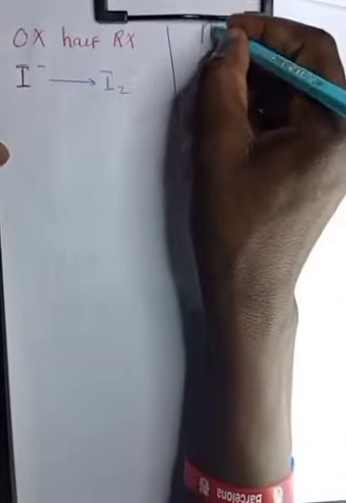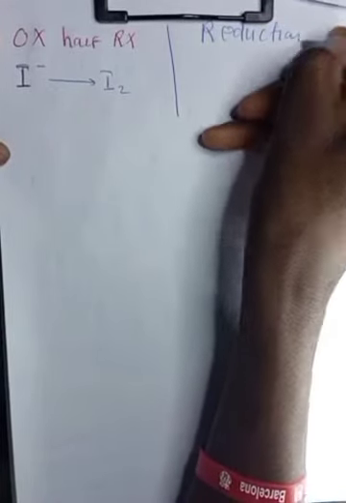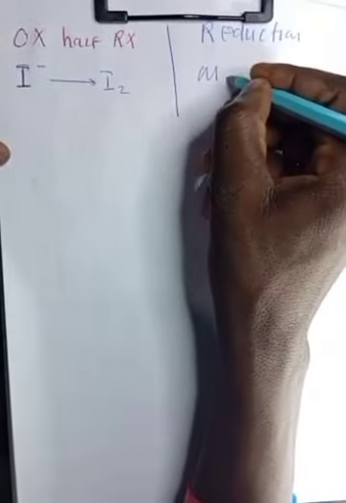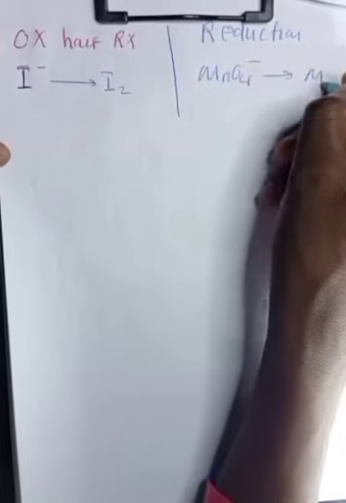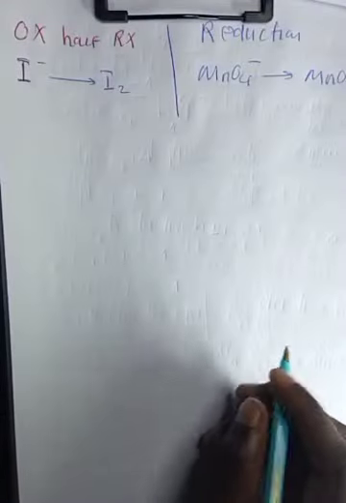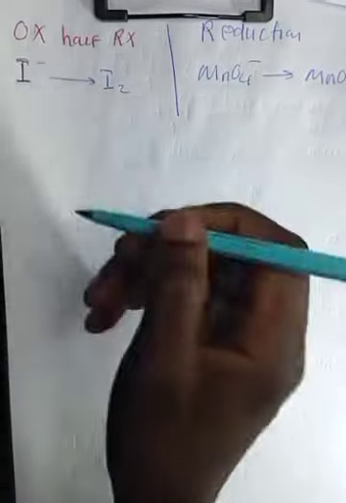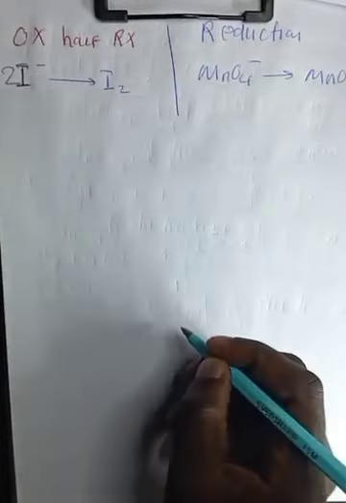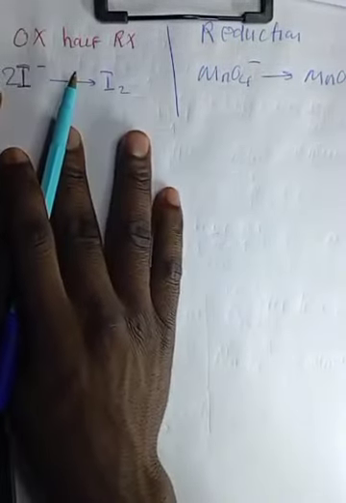Then we also have the reduction, which is MnO4 minus getting MnO2. So I'm saying that you have to balance all the elements except oxygen and hydrogen. So if you check, how many iodine are here? 1. How many are this side? 2. So we can put a 2 to balance this. We don't care because we don't have oxygen, hydrogen. Just let it be like that, okay?